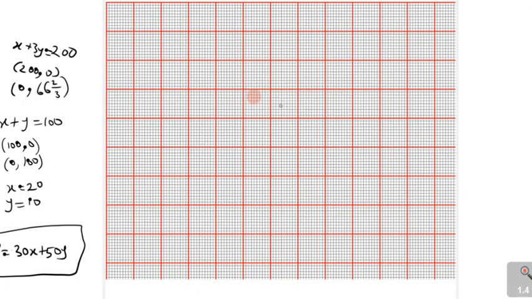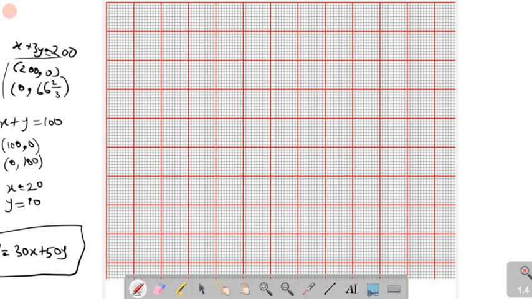Okay, so these are the equations, and these are the points. So we have the equations and their points here. So what we'll now do is to draw the graph.